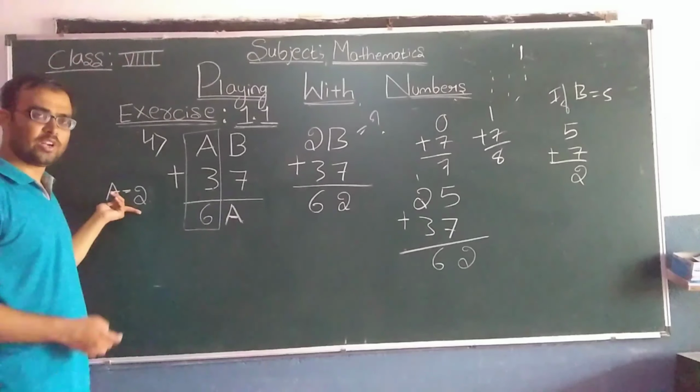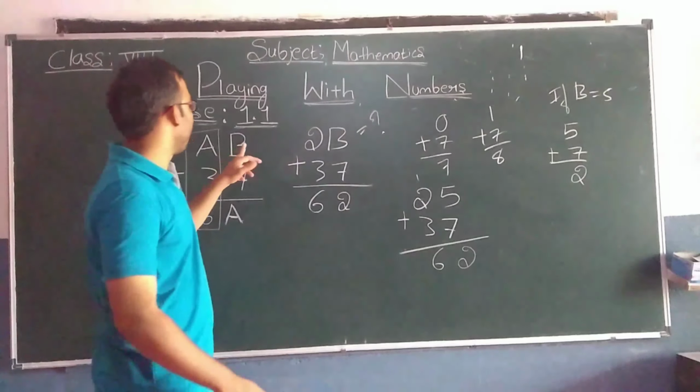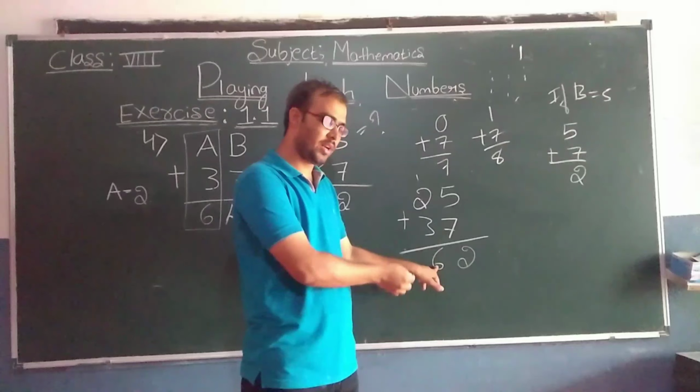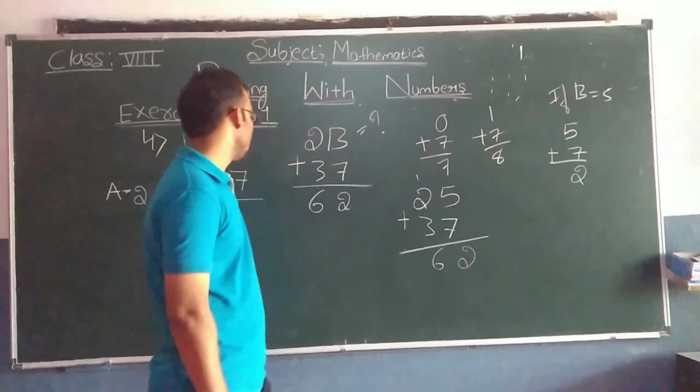So when we take the value of a as 2 and b as 5, we are getting 6 as the first digit. So this satisfies.